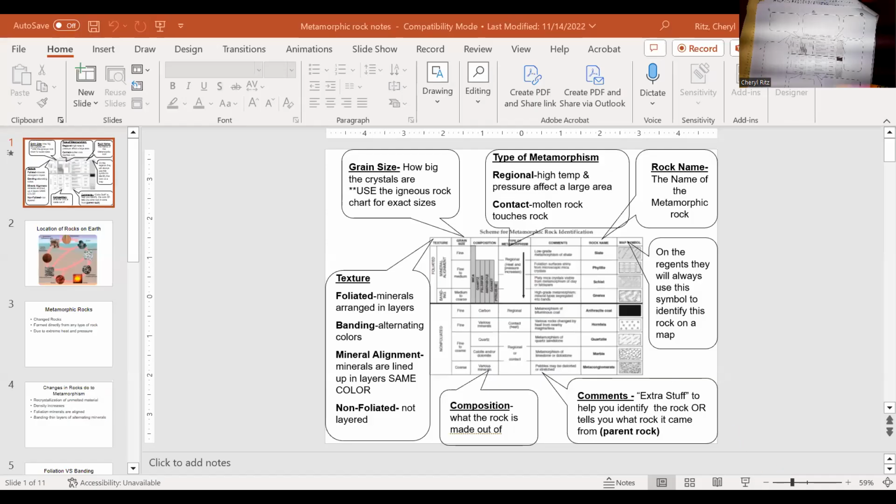All right, so once again, just like the last 2, 3 rock charts we've been looking at, here's the metamorphic rock chart.